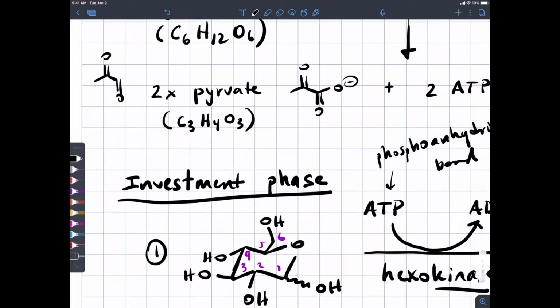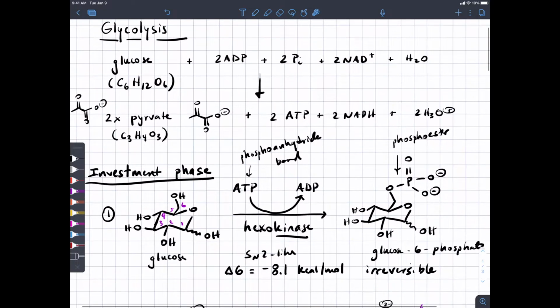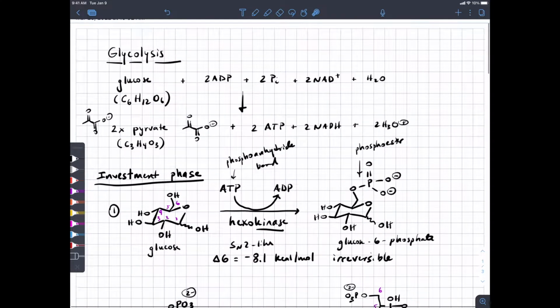If not, here it is. It's 3 carbons. You've got a carboxylate group and a ketone, and then a CH3 group. So as we go through this today, I want you to pay attention to the logic of the reactions and sort of what nature is trying to do as we go from step to step.